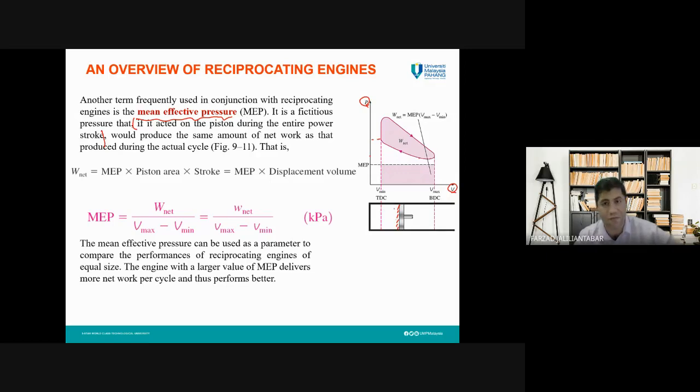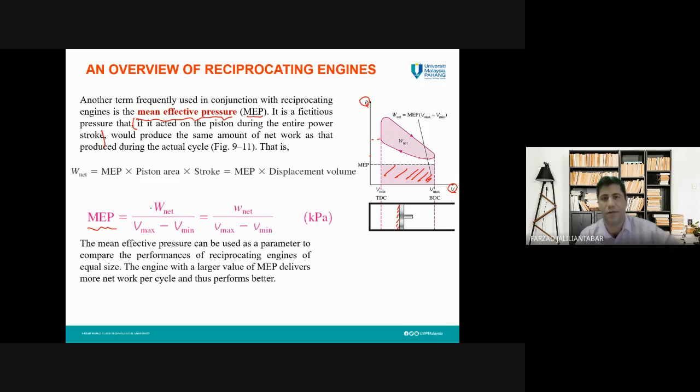So we need the pressure, but the pressure is changing. So how can we have an average pressure? This average pressure is called mean effective pressure, or MEP. How can we calculate that? By this equation. MEP is equal to this area.